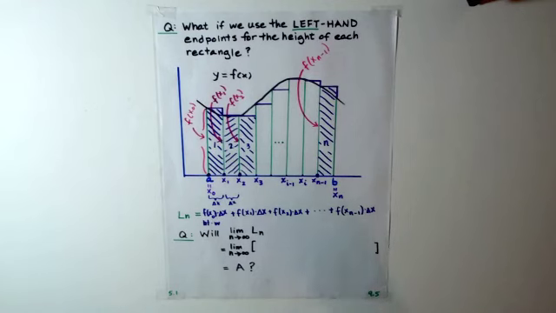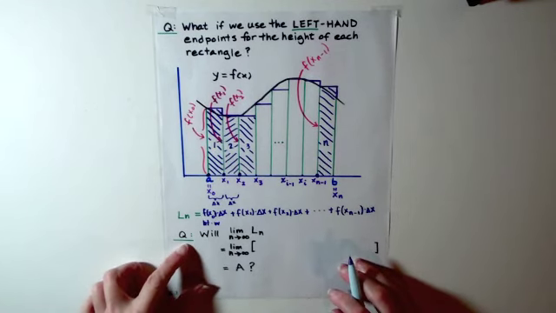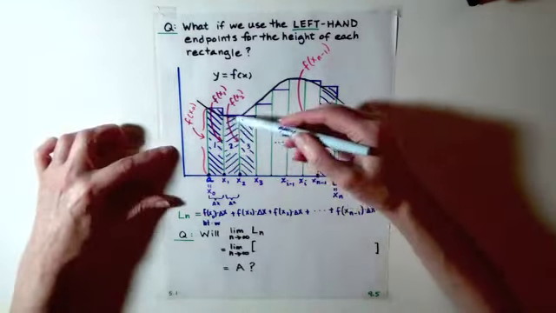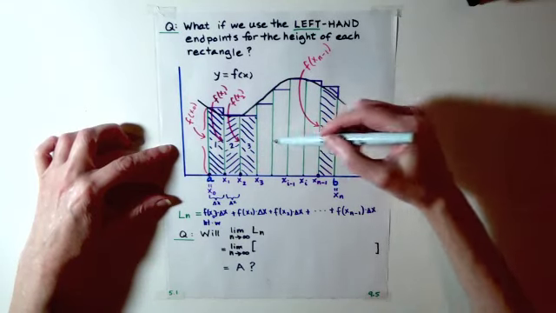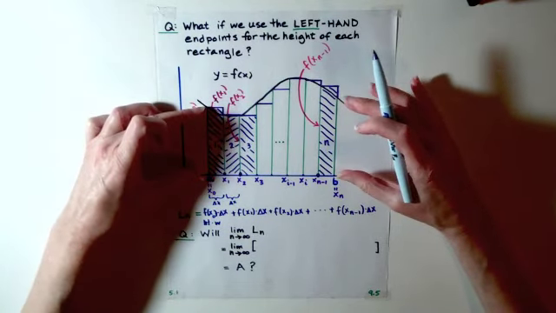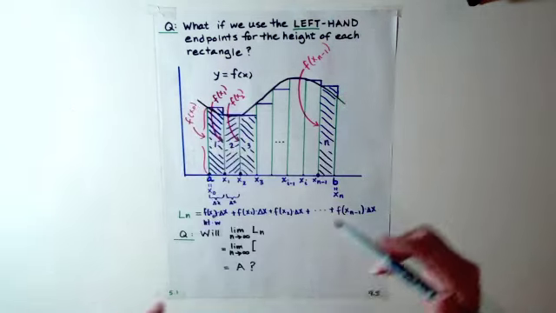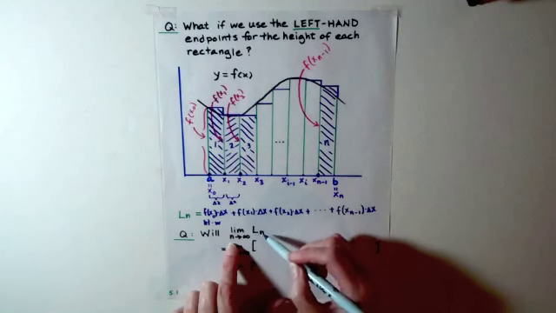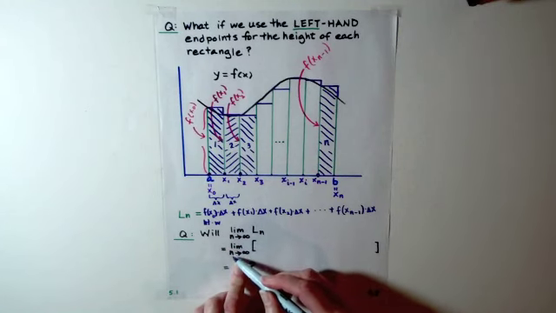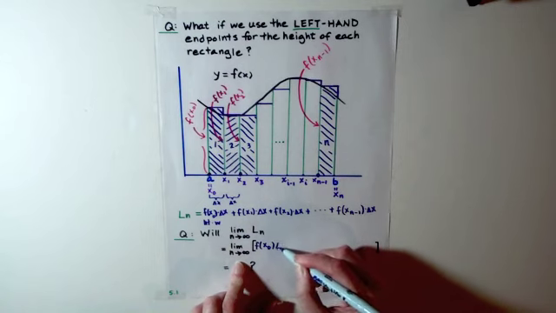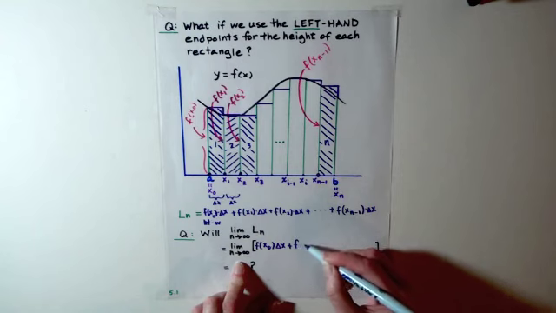Okay, well, I have a question down here at the bottom, and let's think about this question. We've done this sum, and we can see that these rectangles do, if I added up the purple areas, create an approximation for the exact area under this curve from A up to B. But the question is, if I let the number of rectangles go to infinity in this general case of L sub n, in other words, if I found the limit as n goes to infinity of this sum that we just wrote out, f of x0 delta x, plus f of x1 delta x, and so on.